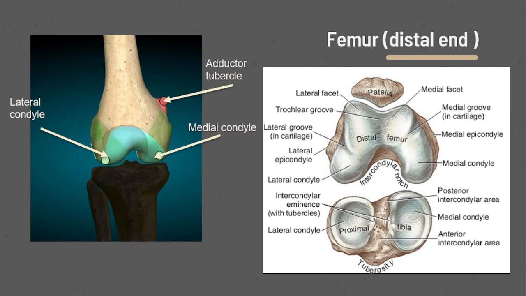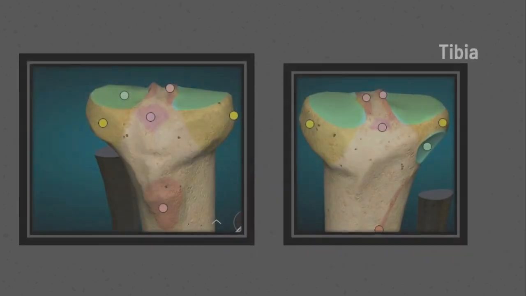Also, the popliteal surface from the posterior view, where we have the important neurovascular bundle, and the patellar surface, which has the trochlear groove, where we have cartilage that is prone to injury in patellofemoral pain syndrome.